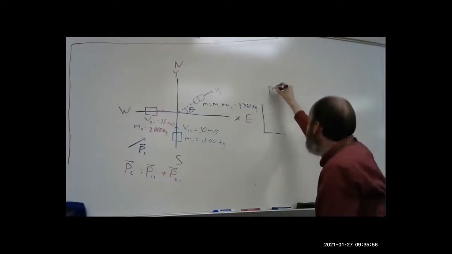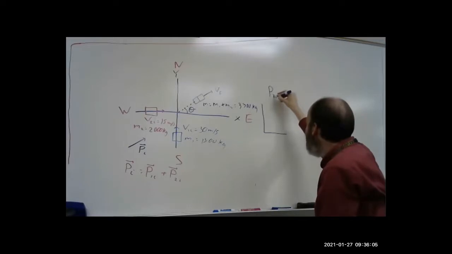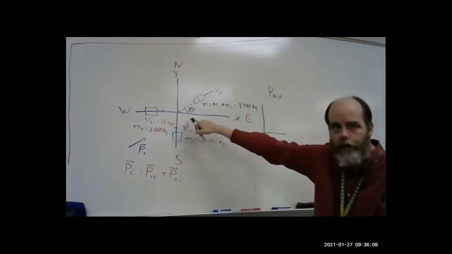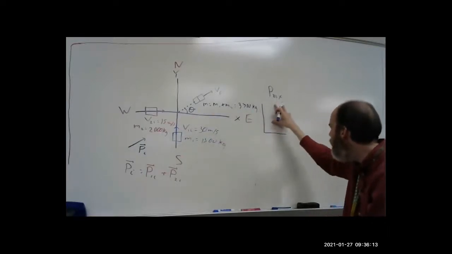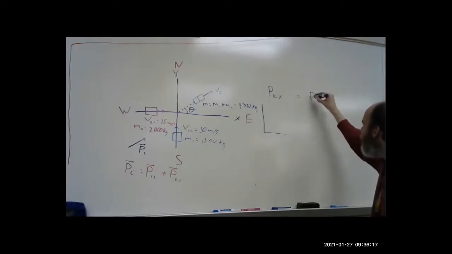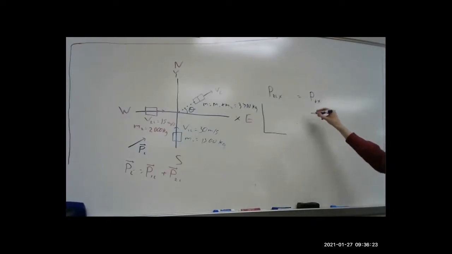This is P2 initial in the x direction, because there's only one car moving in the x direction. It's just car 2. And this must equal P final in the x direction. So I'm going to draw a momentum diagram for these two things.